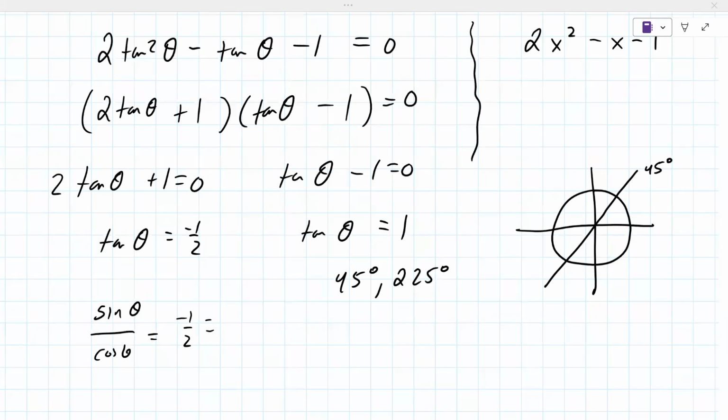So there's only certain ratios you can get. Let me just check here. Tangent minus 1/2. Yeah, so this one doesn't have a known value, so you have to use the calculator on that one.